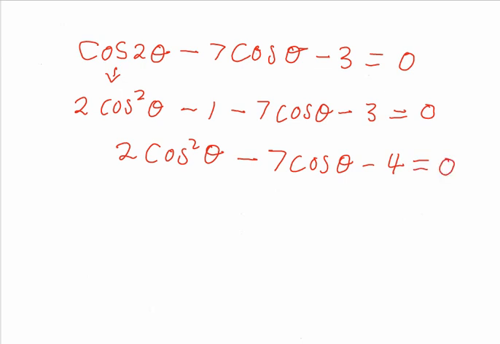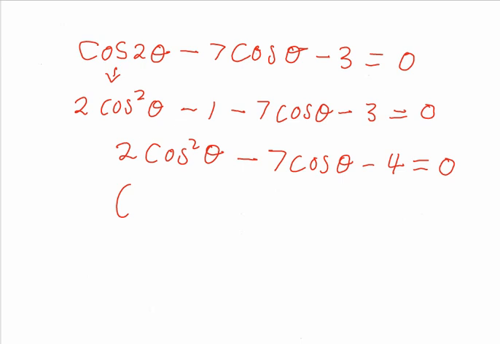Then from this, you have to factorize it into two brackets. I told you that if you are confused about using cos, you can just treat cos as x, and use the same way you factorize quadratic forms.